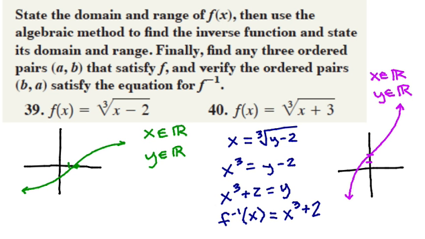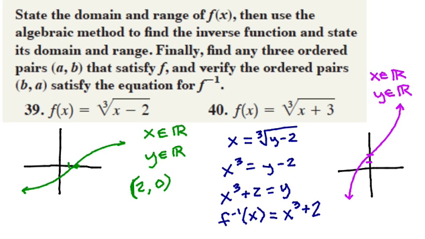2. So if I plug in x equals 2, 2 minus 2 is 0, and the cube root of 0 is 0. So we know the coordinate point 2 comma 0 exists on our graph. In the inverse, what point do you expect should be there? 0 comma 2.